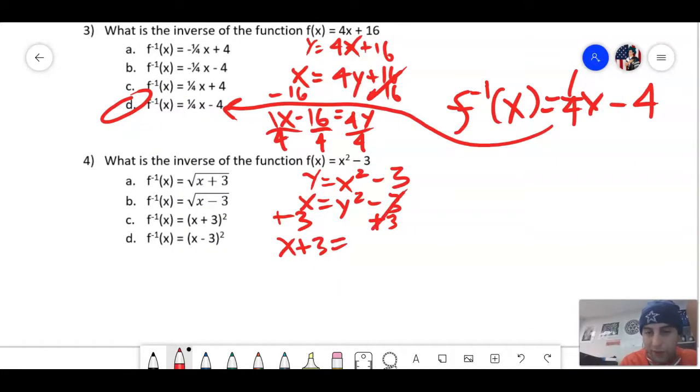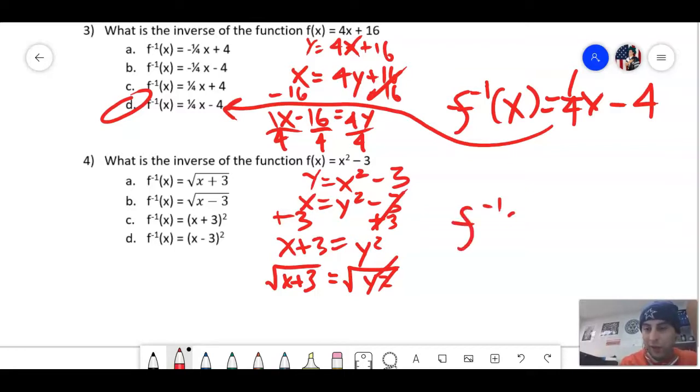That equals, after that cancels out, y squared. And then to get rid of a square, you have to do the square root. So square root of x plus 3 equals the square root of y squared. And the square roots cancel out. So my final answer is the inverse function, and it's this thing right here, square root of x plus 3.